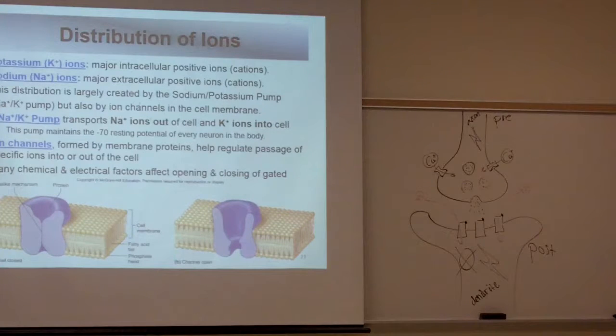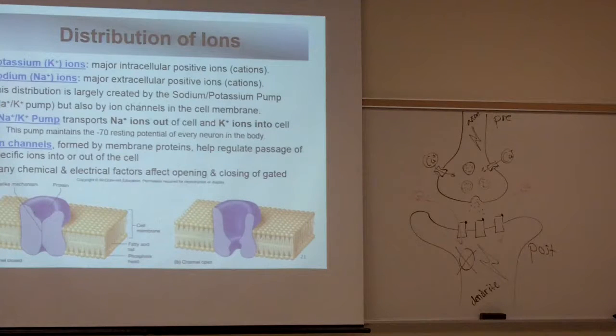How did that happen? There's a pump in the membrane right here. Good. That purple thing is a pump that keeps bailing sodium out of the neuron, pushing it outside. It's almost like if there are a bunch of holes in your canoe and water is coming in, you have to constantly bail the water out of your canoe. That neuron is always doing that.